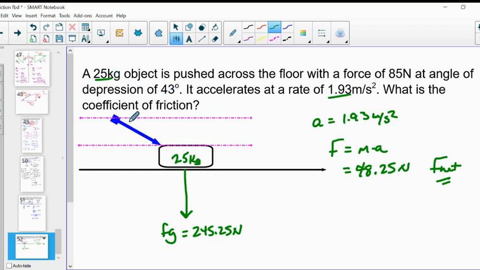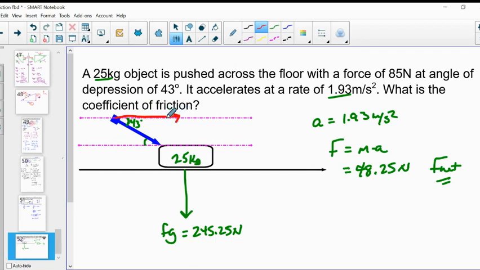Okay, let's take a look at our angle. My angle of depression. So the angle of depression is this angle right here, which is 43 degrees. We could also see through our rules of internal angles of parallel lines that it matches this angle here. But what I can easily do is draw a triangle.